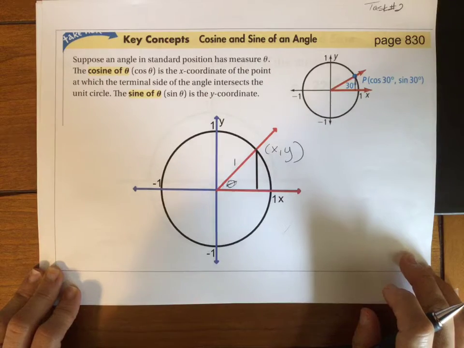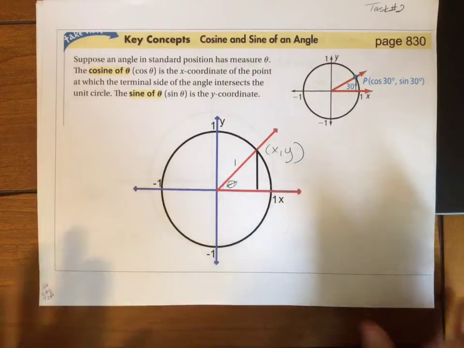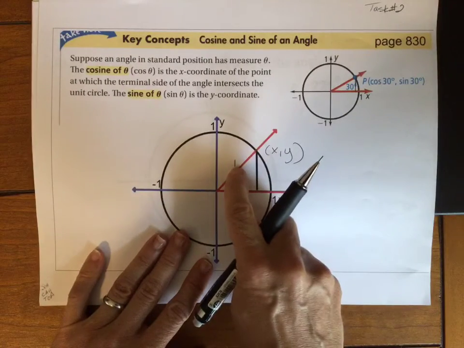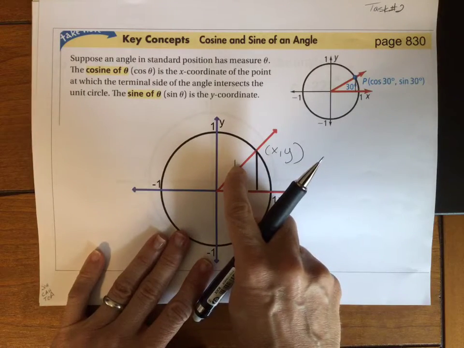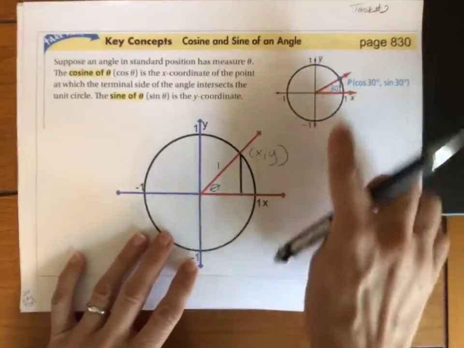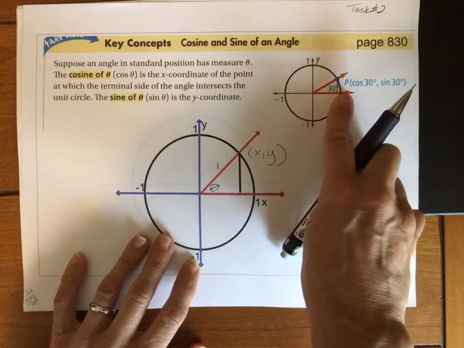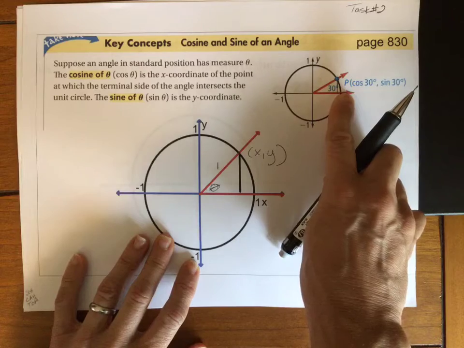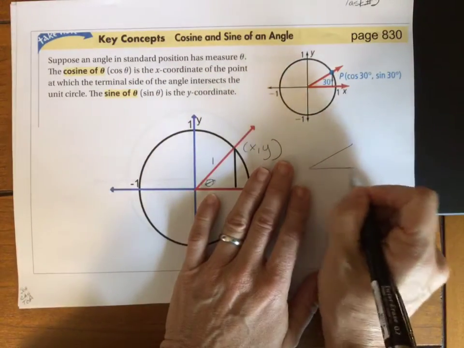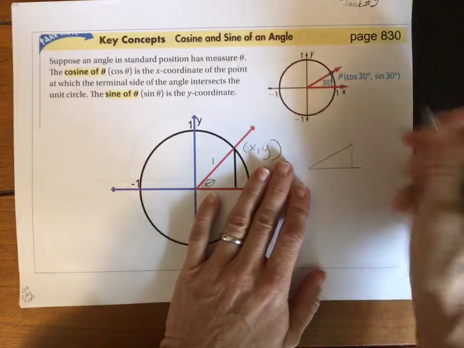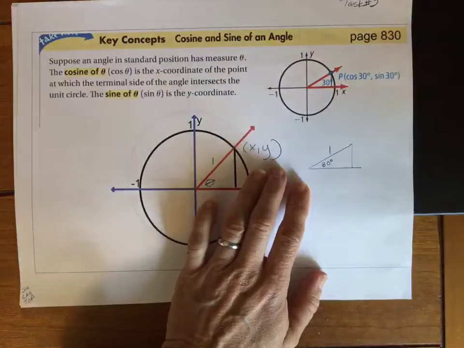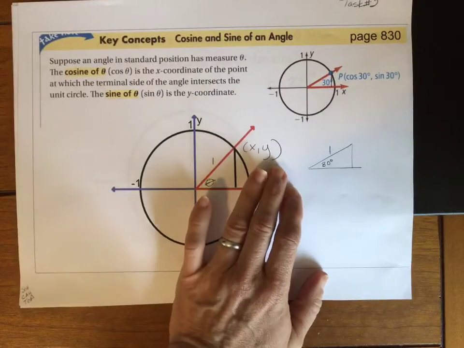So we did cosine and sine when we had special right triangles, but now notice that my hypotenuse will always be 1, so that's my number I'm going by. So here's an example up here. We have this triangle, and they're telling us our angle is 30 degrees. So this is 30, and if it's on the unit circle, my hypotenuse is 1.